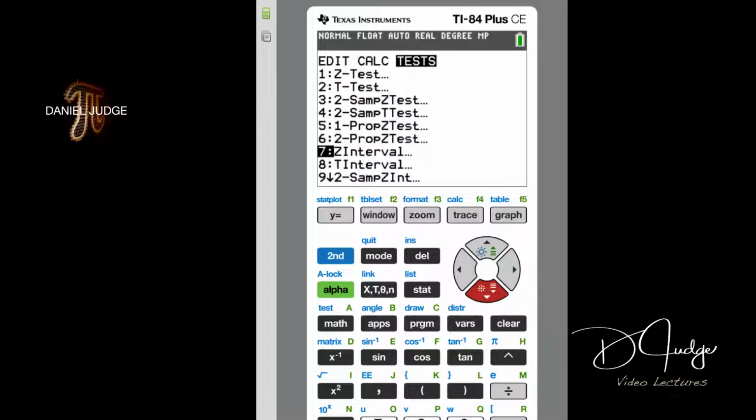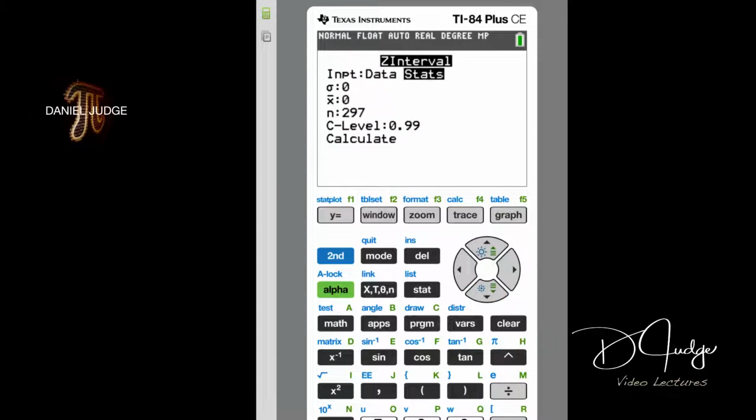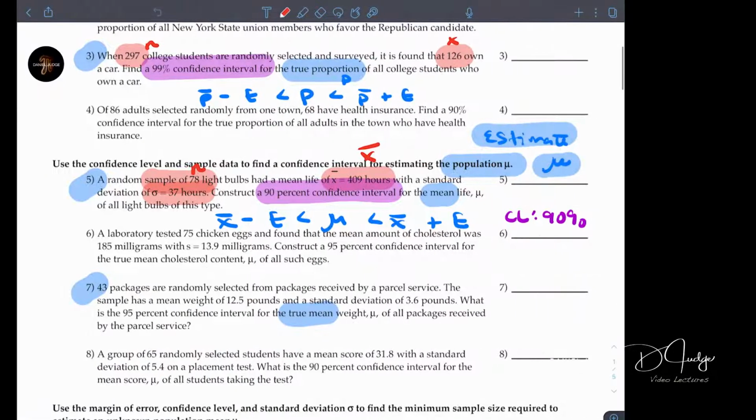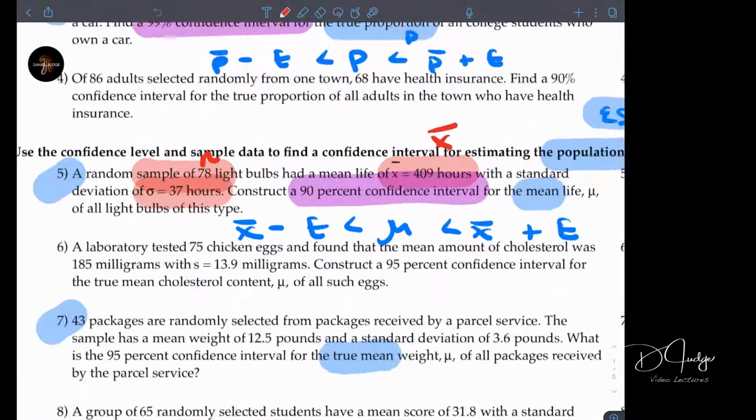Is it the Z interval, I believe? Number 7, right? Large sample. Use that Z. So Z interval, large sample. Okay. The standard deviation that's known. I don't even think we wrote that down. Let's go back. What's the standard deviation for this? 37 hours right in here.